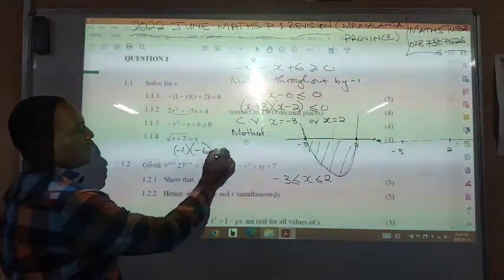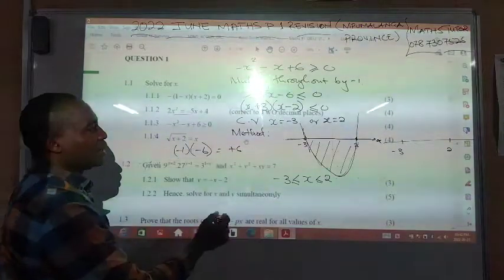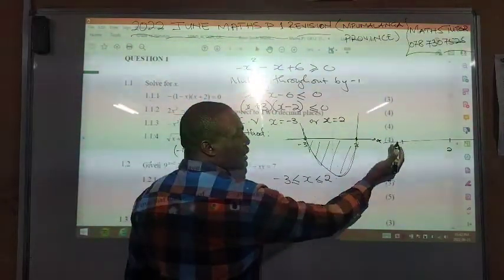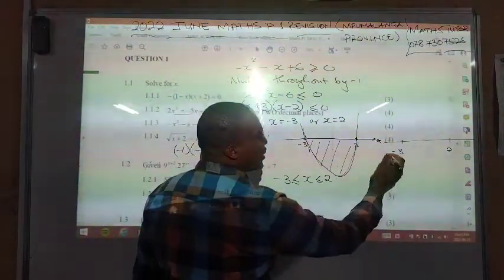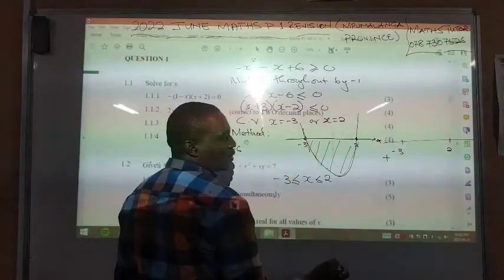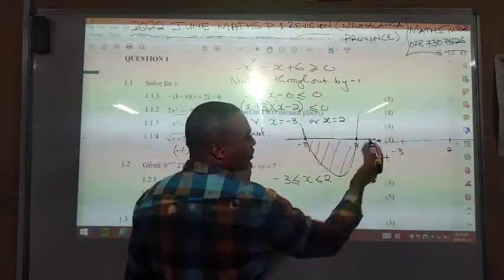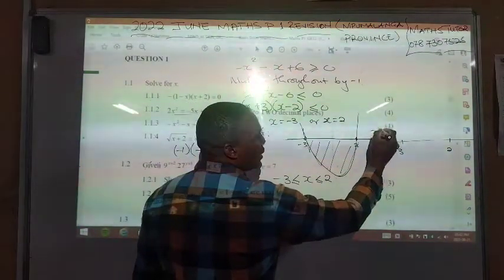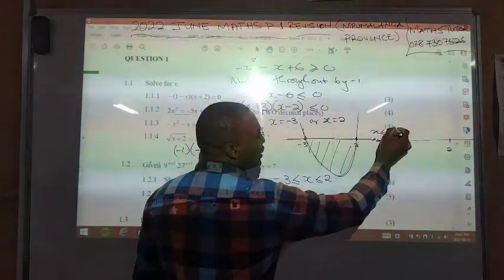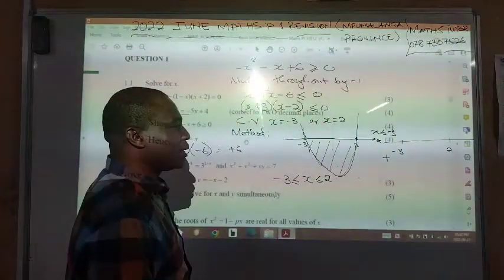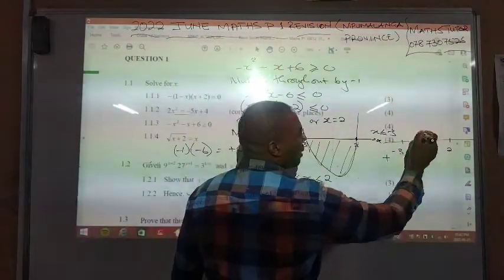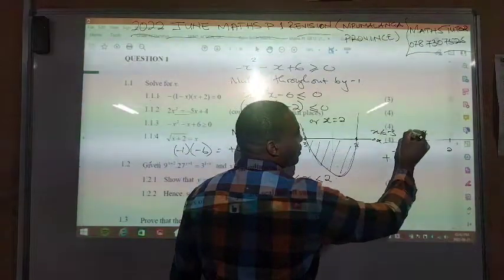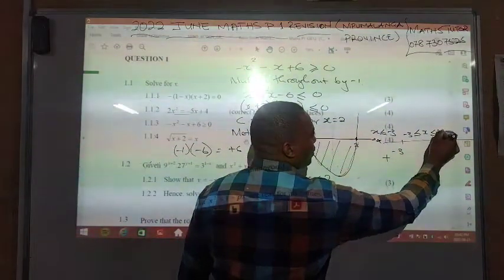The product is +6. That means all values that are on the left of -3, they will give you a positive. And how do you describe values that are less than -3? X is less or equal to -3, following the inequality. And then in between here, it's x is greater or equal to -3 but less or equal to 2.